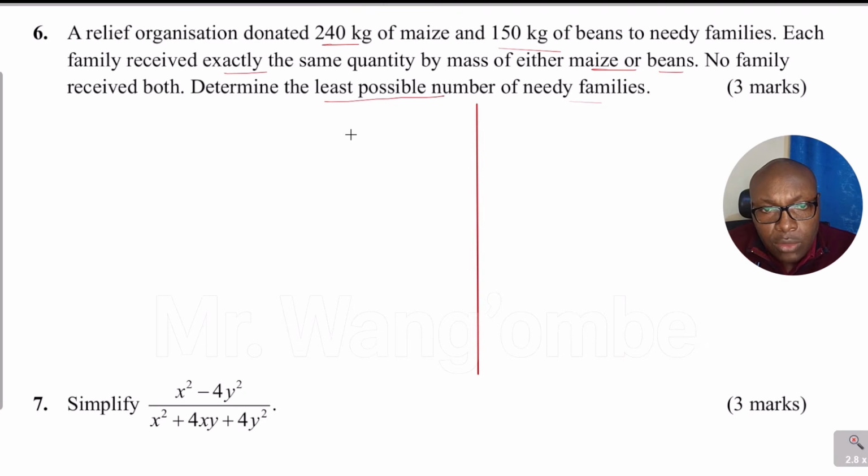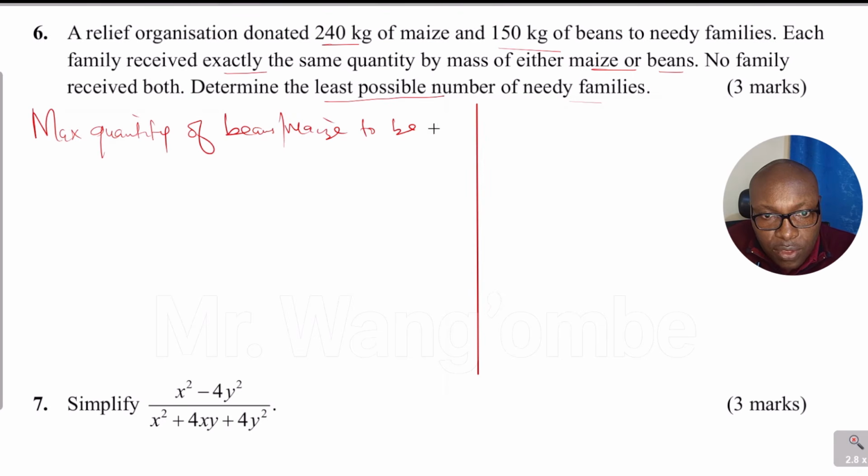So the first thing that we need to do is to get the maximum quantity of either beans or maize to be received by each family.